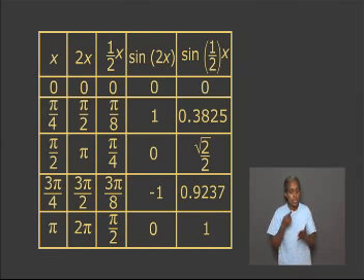This means that the graph crosses the x-axis at 0, pi over 2 and pi. It reaches its maximum value at pi over 4 and its minimum value at 3 pi over 4.